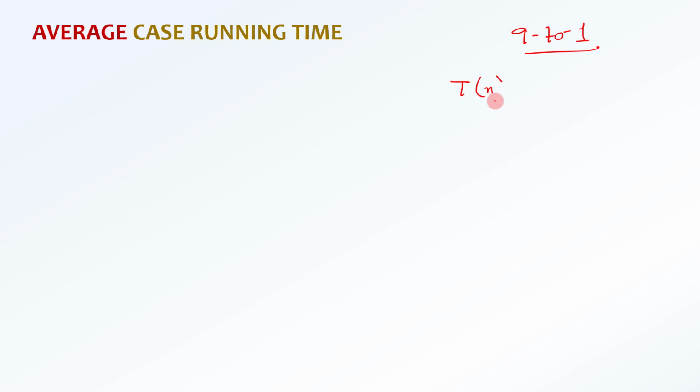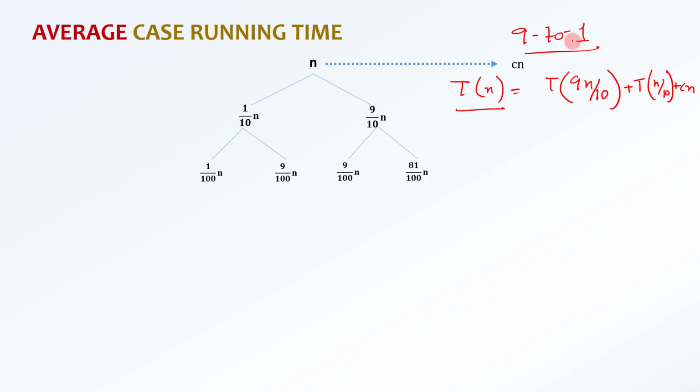Here the running time T(n) is equal to T(9n/10) plus T(n/10) plus cn. This is the running time of the quicksort algorithm when the proportionality of the split at every level is 9 to 1.